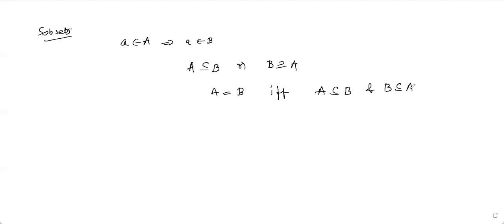Suppose every element in set A is an element of a set B, that is, a belongs to A implies a belongs to B. Then A is a subset of B. We can also say that A is contained in B, or B contains A, and the relationship is written as A subset of B. Two sets are equal if they both have the same elements, that is, A equals B if and only if A is a subset of B and B is a subset of A.